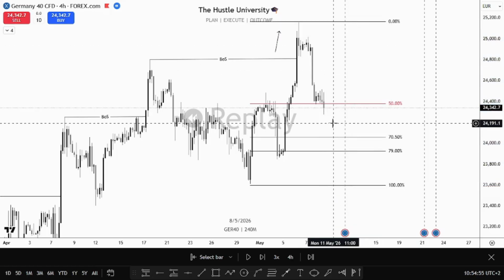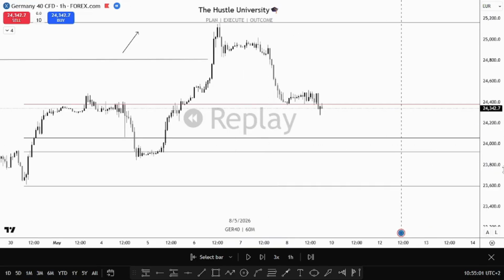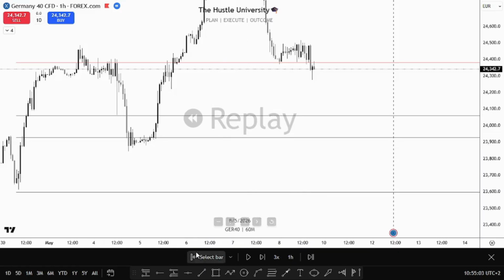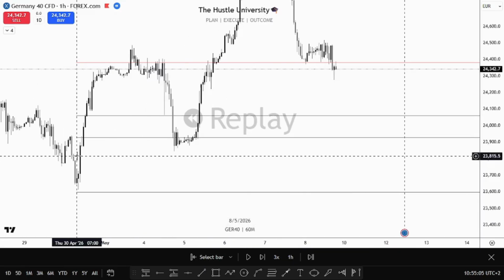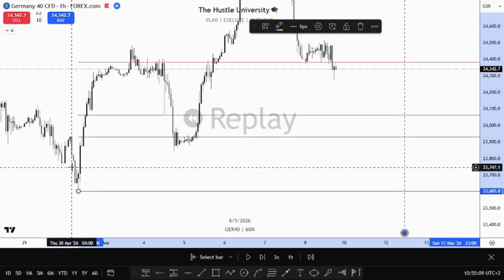So for me, after I saw this, what I usually do is I go to the 1 hour, and from the 1 hour I could clearly see that price eventually made this demand that you see over here.